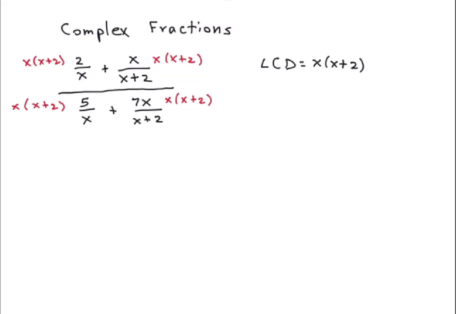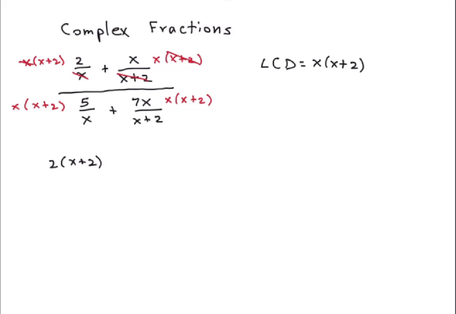Okay, and again, because we're doing top and bottom, we're not changing anything. So now we're going to simplify, and because we multiplied by the LCD, all of our denominators are going to cancel. So this x cancels with that x, and that's going to leave us with 2x plus 2.